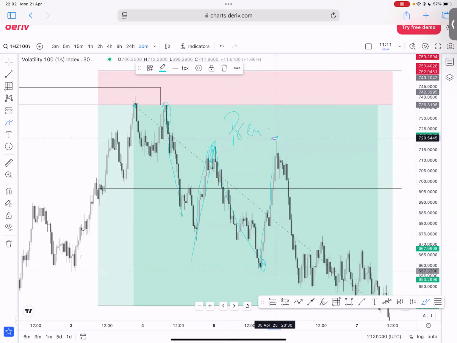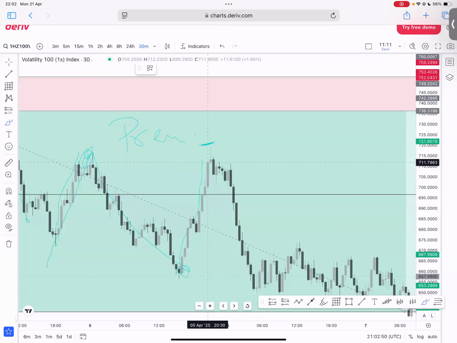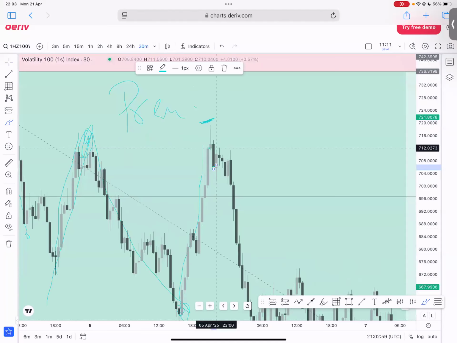I showed you, but if you look at what happened, the difference between the point at which this closed and the other is significant. It closes at 712, at 706 or 700.